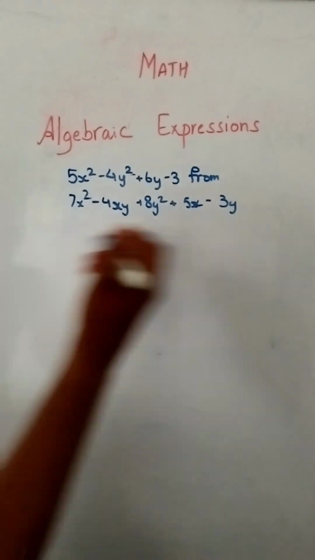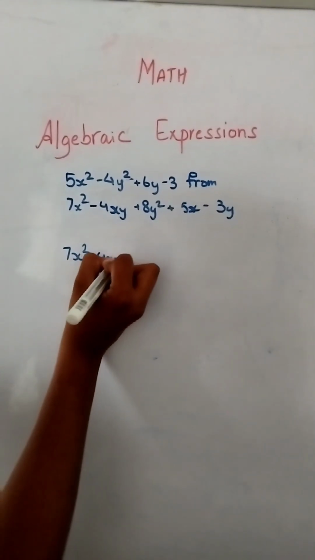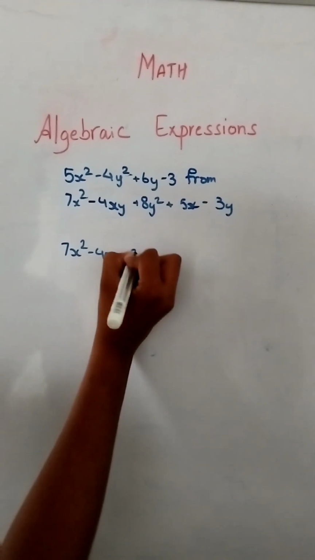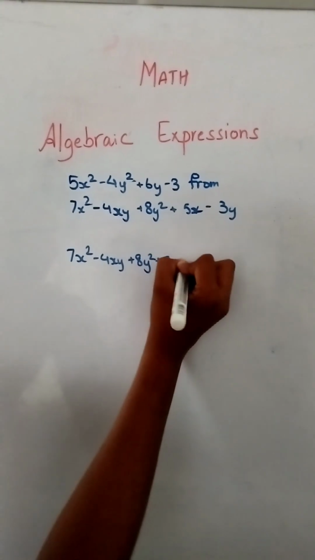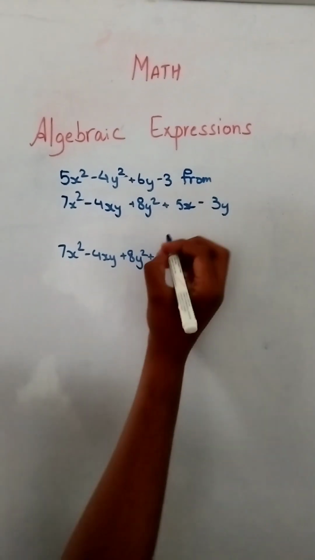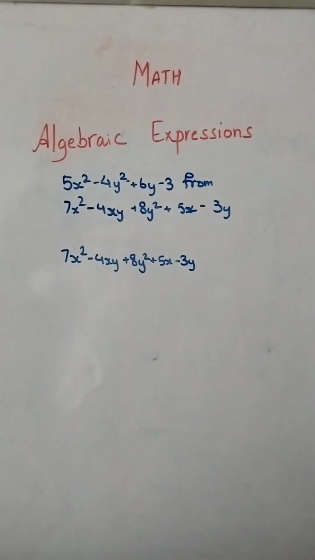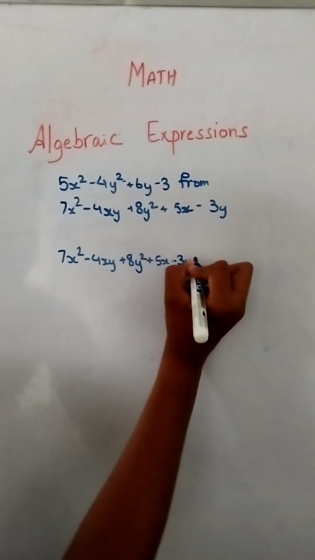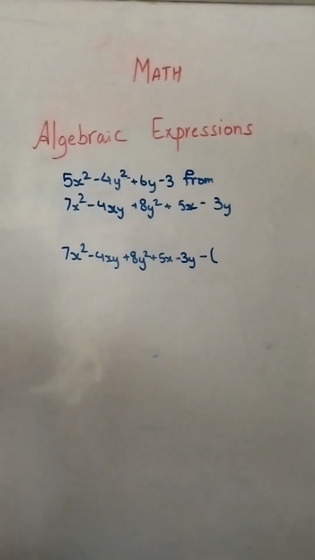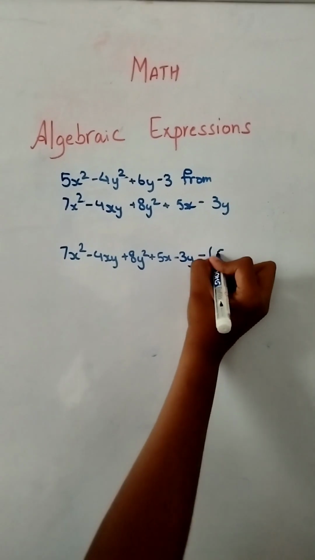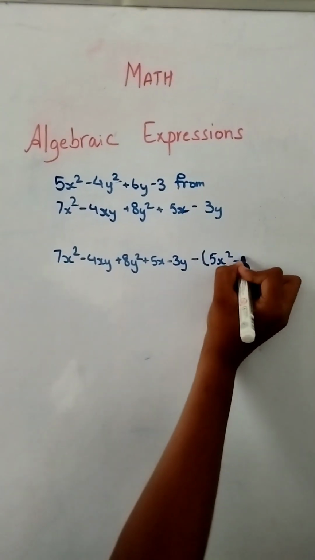So we have to write this expression first. And then we should put minus of. So the bracket is very important. After the bracket we should write 5x square and then copy the same first expression you had.